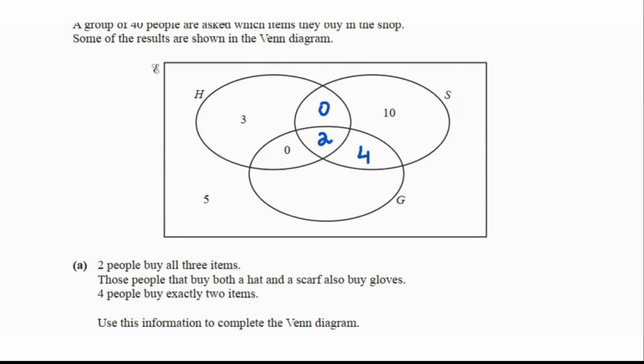So now we have a total of 40 people. From 40, if we subtract 10, 5, 5, and 4, that leaves us with 16. Which means 16 people are just buying gloves.